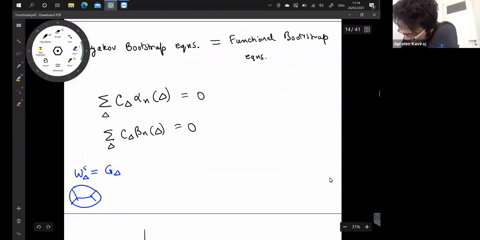It's exchanging an operator delta, and this is given by a conformal block of dimension delta and a sum over an infinite number of double trace operators like the following: 2 delta phi plus 2n plus derivatives of 2 delta phi plus 2n.